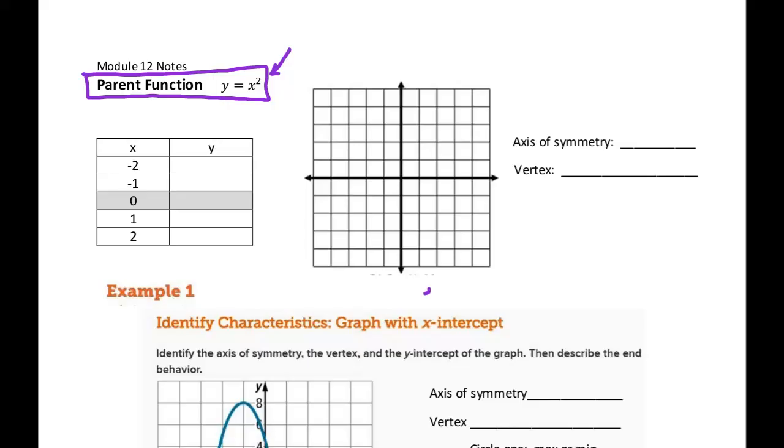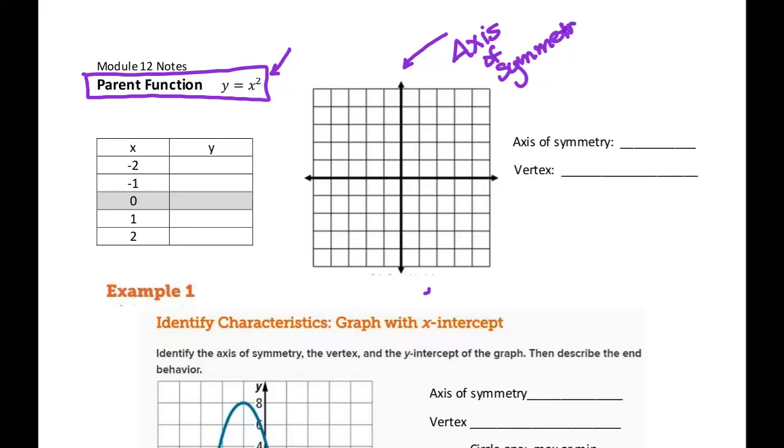And my y-axis here for the parent function is going to be my axis, so I spelled that wrong, axis, my axis of symmetry.